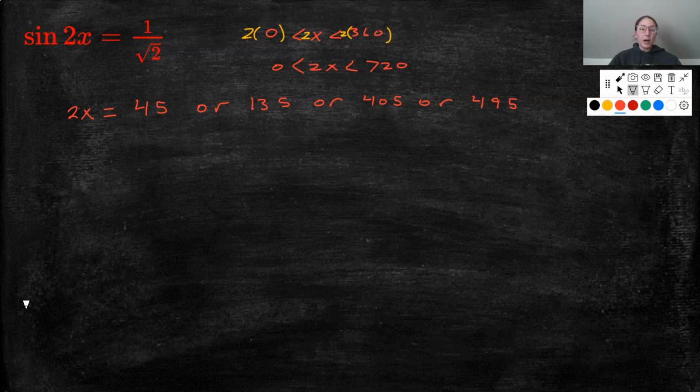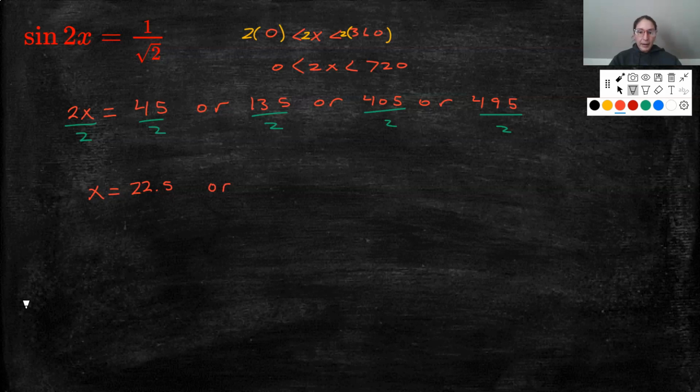Okay, now we don't want 2x, we want x, so here's kind of the magic step. Let's divide by 2. This is the step you're going to see on how to tackle these multiple angles. So now we can solve for x, right? 45 divided by 2, and it's going to get a little weird, 22.5.